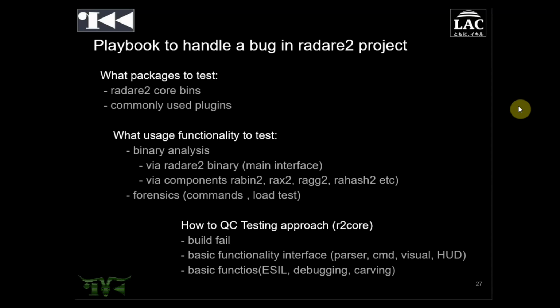Basic functions of the ESIL, and we have a lot of bugs related to debugging, and one more is related to forensics activities like carving. And the last one is related to vulnerabilities, which can be confirmed with regression searching. In this case, standard regression in usage is limited to the known bugs that are being used for the QC testing approach.